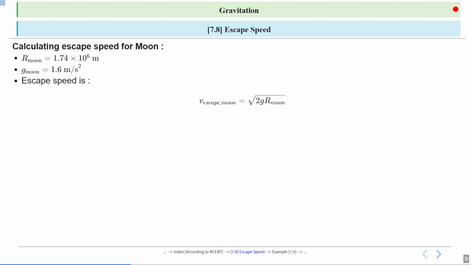Now, let's look at the formula for escape speed. The escape speed is calculated using the formula V escape is equal to under root 2gR. This formula shows us that escape speed depends on both the gravitational acceleration and the radius of the celestial body.